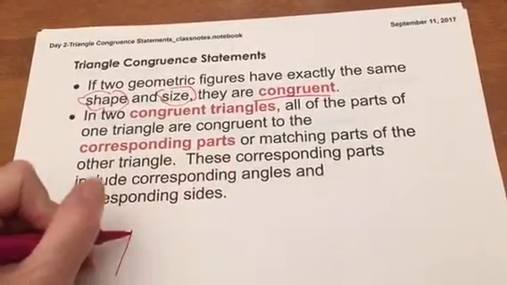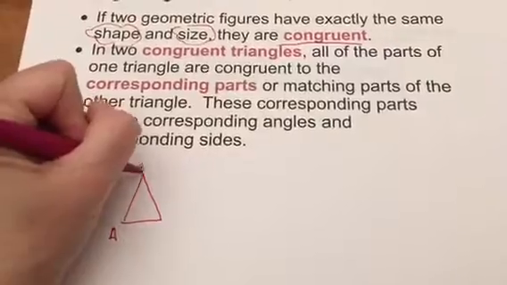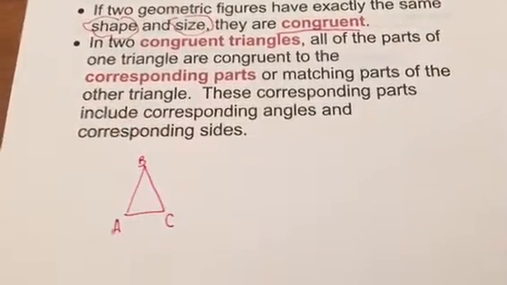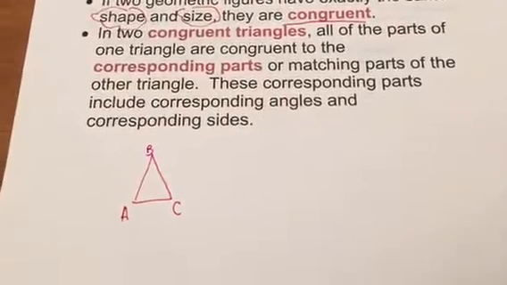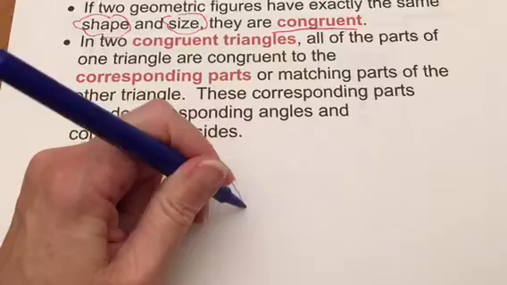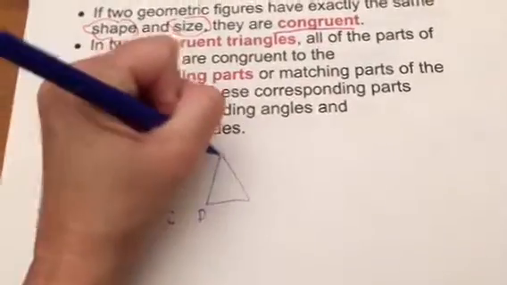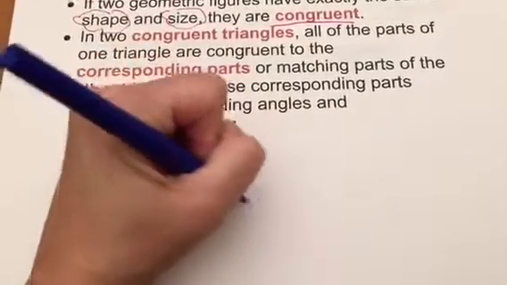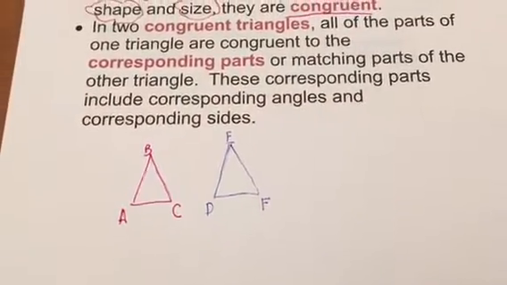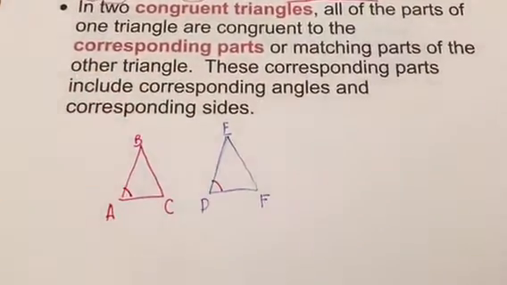So if I have a triangle ABC, and I have another triangle, marker's not working very well, triangle DEF, I can match up the corresponding angles.